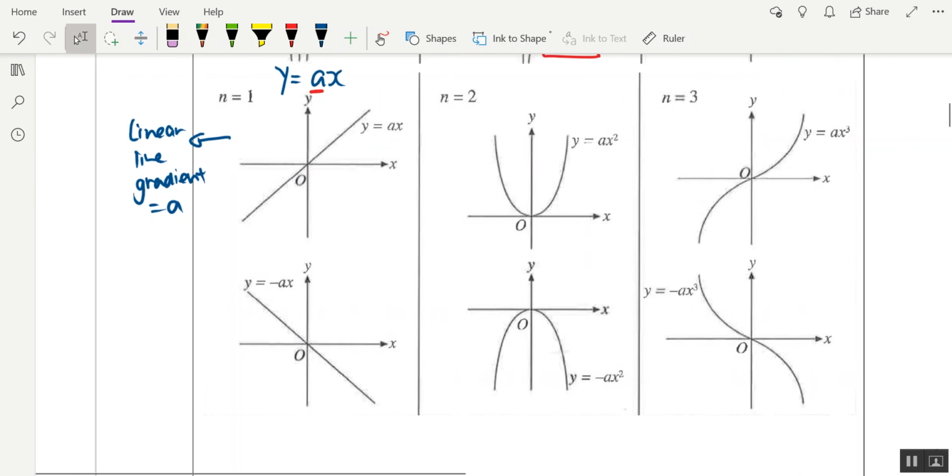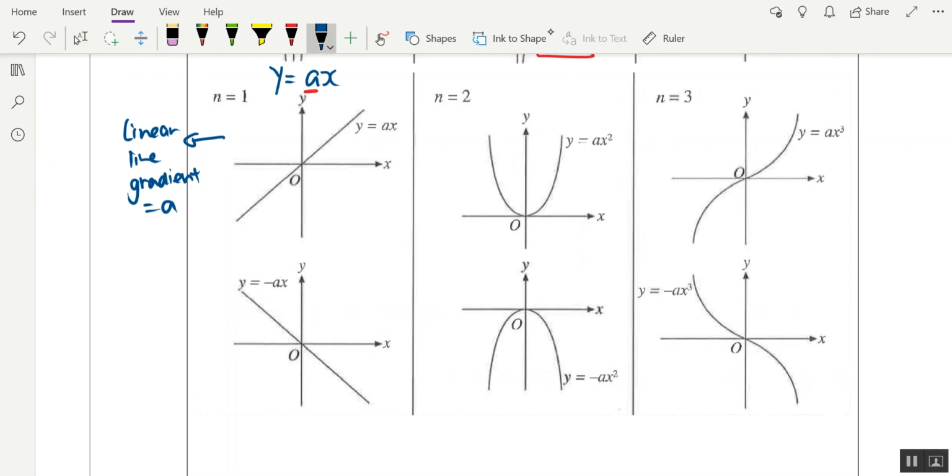Now if I have y equals x plus 5, this means the y-intercept is at 5. The graph would look like this. Make sure you label that this is 5. So y equals x plus 5.